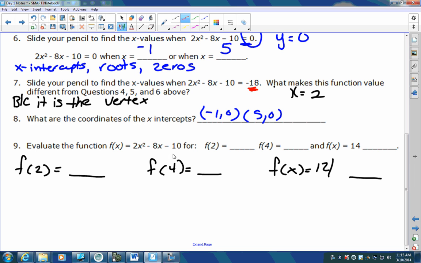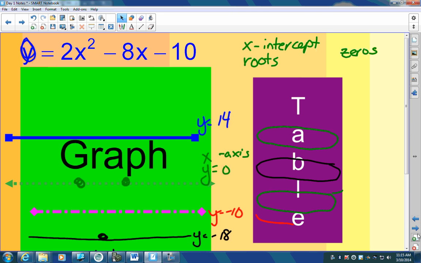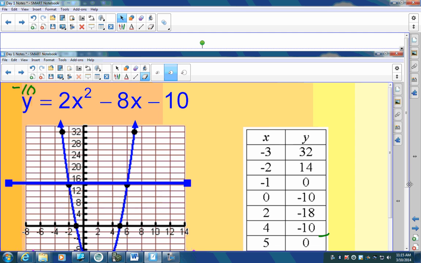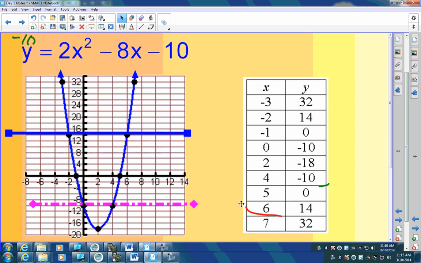Here's our function. What does it mean when it says f of 2? 2 is in the place of the x. This is saying when x is 2, what is y? So look on your table. When x is 2, what is y?